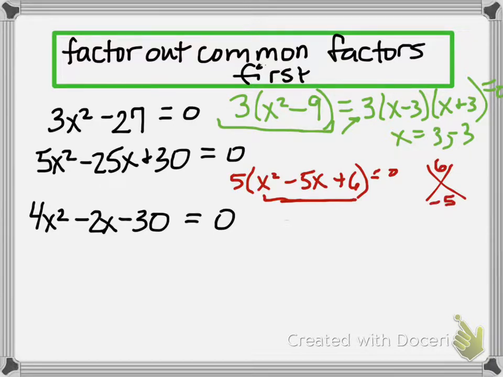So 2 numbers that multiply to be 6 and add up to negative 5 would be negative 2 and negative 3. So this thing factors as 5 times x minus 2 times x minus 3.